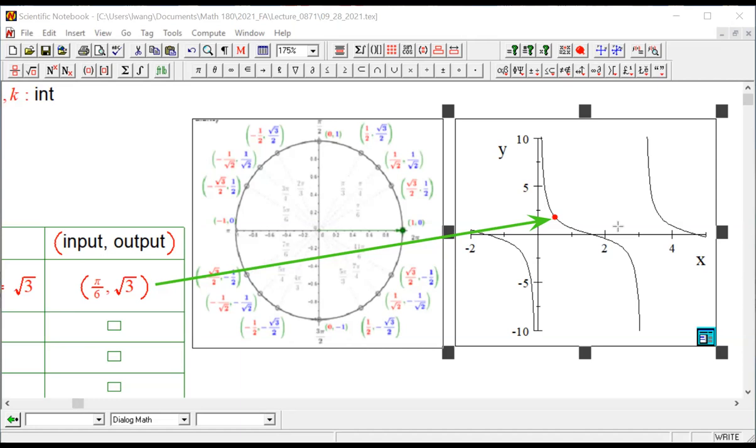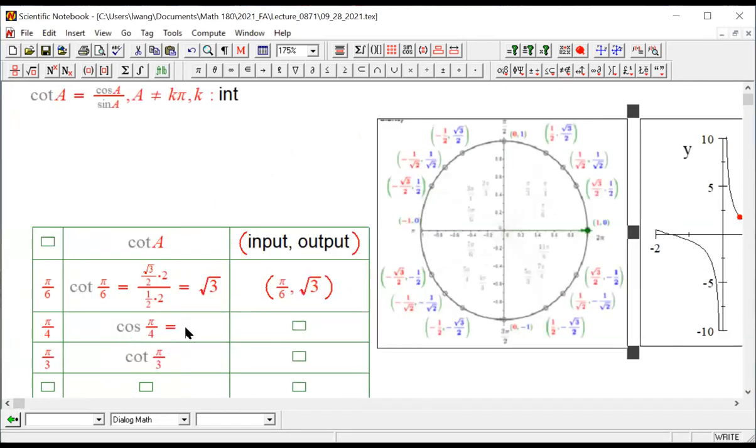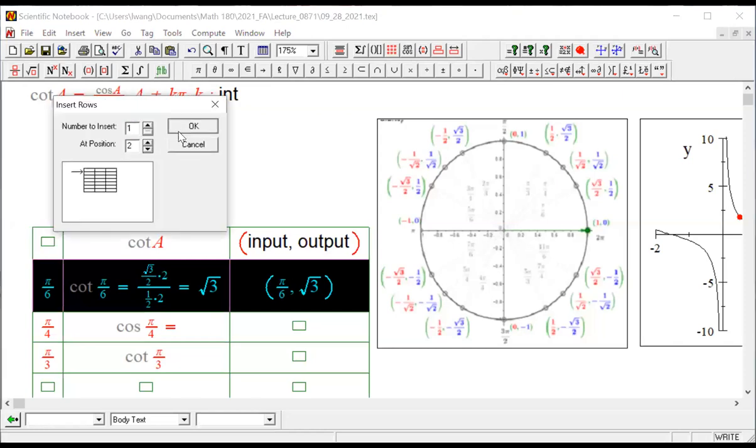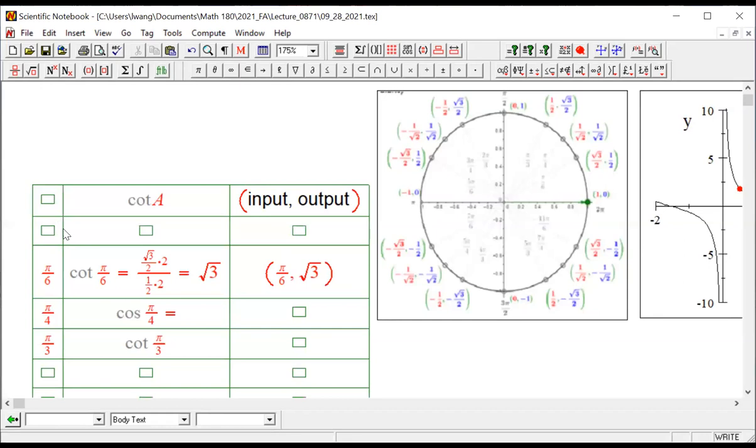Okay, so with that said and done, I want you guys to do that for 2 other points. We haven't thought of 0 yet, right? Shall we do 0? What is cotangent of 0?